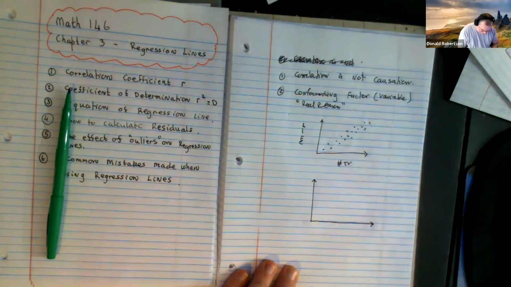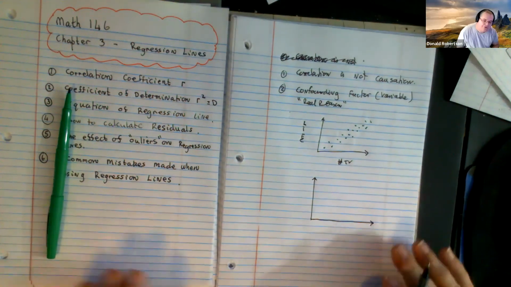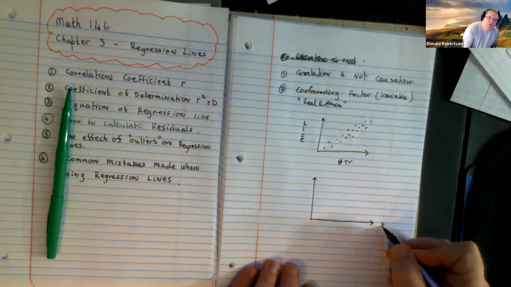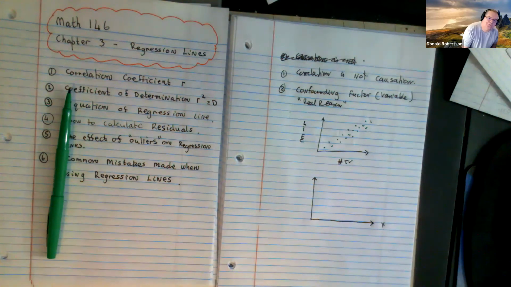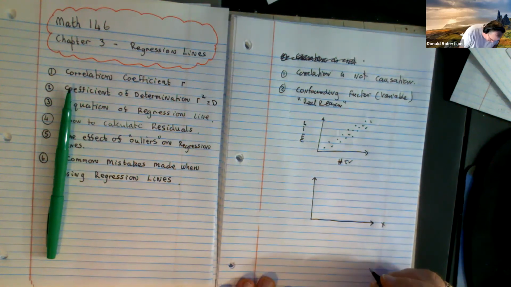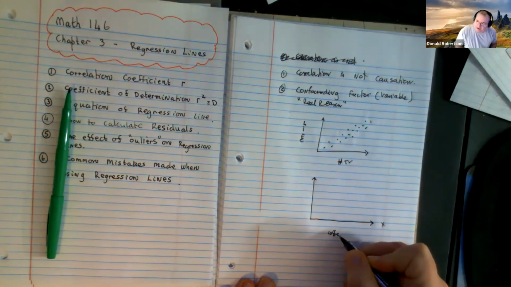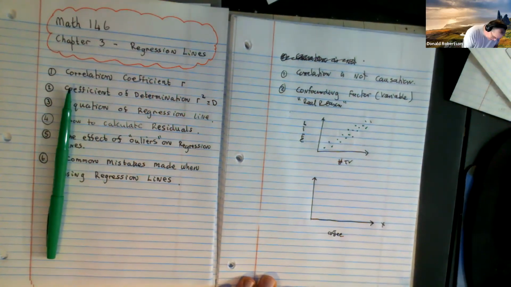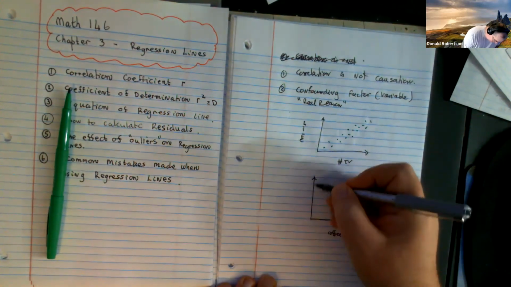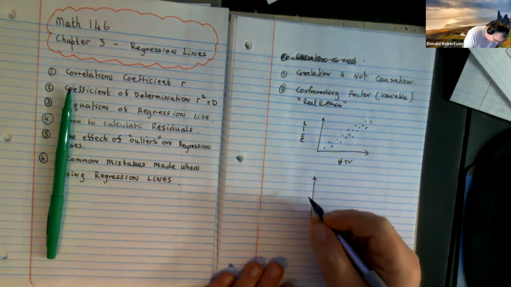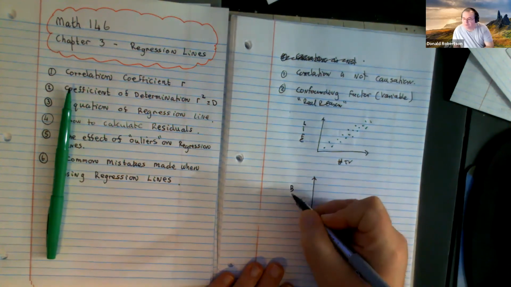So let's suppose that the x-axis, the explanatory variable this time, was how much coffee they take a day. And this one is their blood pressure.